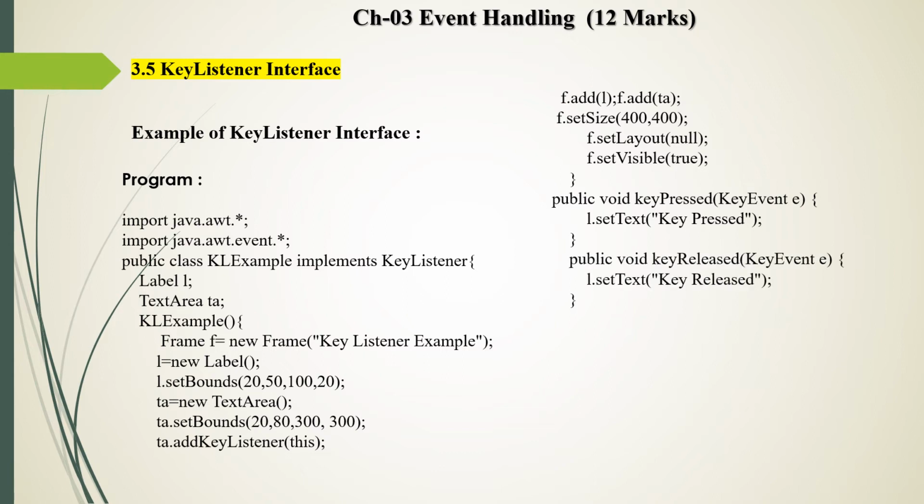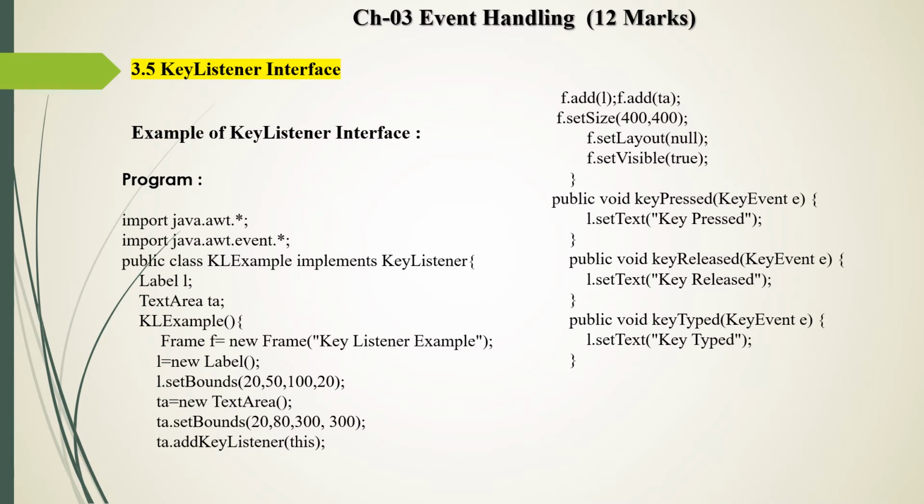Similarly, we define the second method, public void keyReleased, and inside the keyReleased method we pass one parameter. It is the same as the previous method, and the parameter is the object of KeyEvent. E is the object of KeyEvent, and when this method is executed, the message "key release" is displayed in the label.